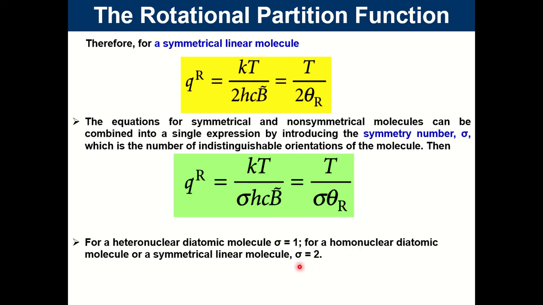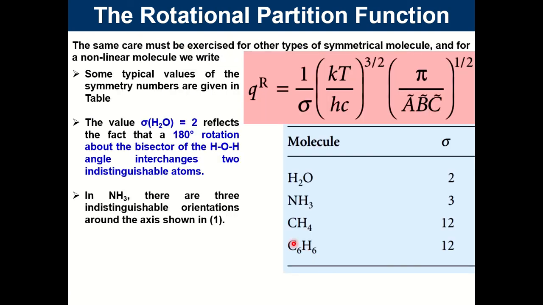For homonuclear molecules, or other symmetrical molecules such as CO2 having a center of symmetry, ethyne having a center of symmetry, sigma will be 2. Similarly you can extend it to other molecules like ammonia, methane or benzene, and then you will find that the symmetry number is 2 for water, 3 for ammonia, 12 for CH4, that is methane, and 12 for benzene.